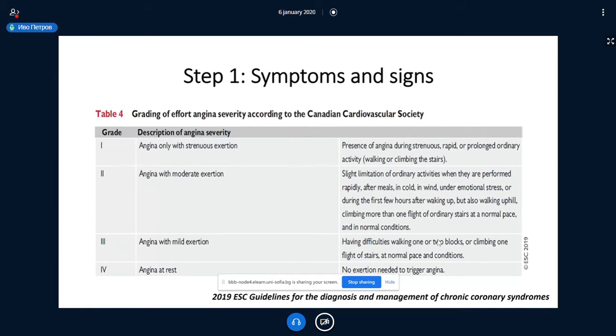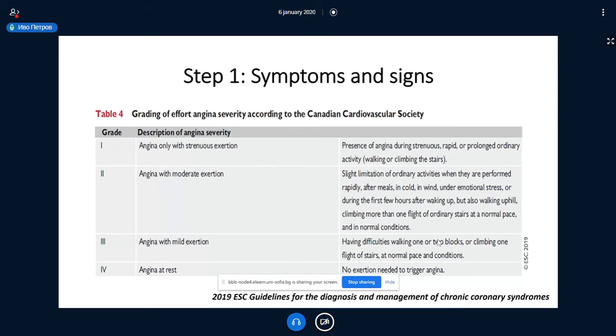Okay, the second grade, second functional class, is the angina with moderate exertion. What does it mean? This is the slight limitation of the ordinary activities like long distance walking, after an abundant meal, in cold.